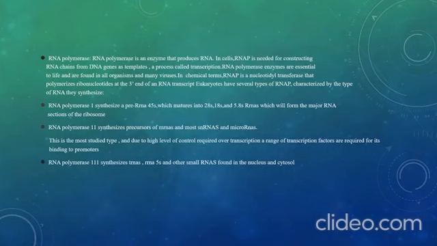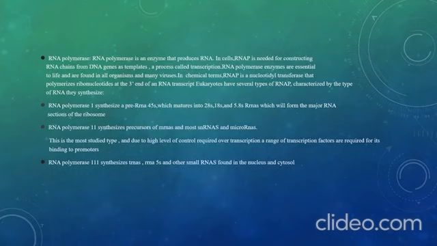Eukaryotes have several types of RNAP characterized by the type of RNA they synthesize. RNA polymerase 1 synthesizes a pre-rRNA 45S which matures into 28S, 18S and 5.8S rRNAs which will form the major RNA section of the ribosome. RNA polymerase 2 synthesizes precursors of mRNAs and most snRNAs and microRNAs.